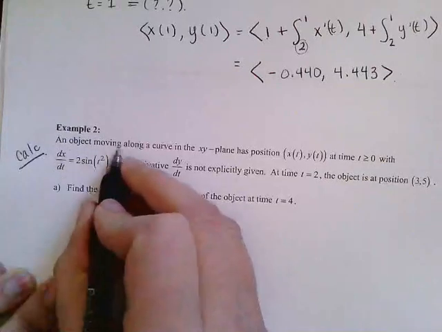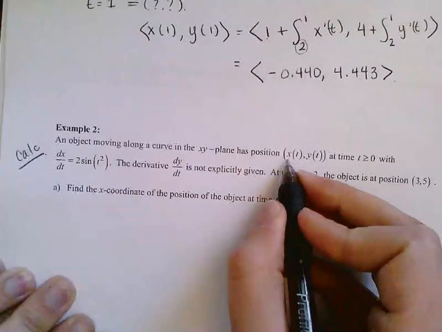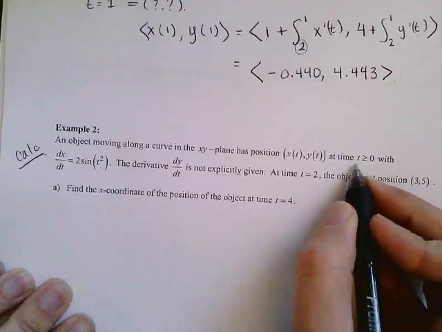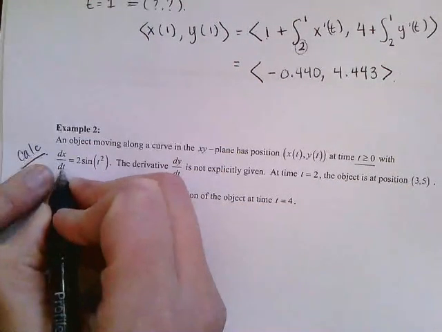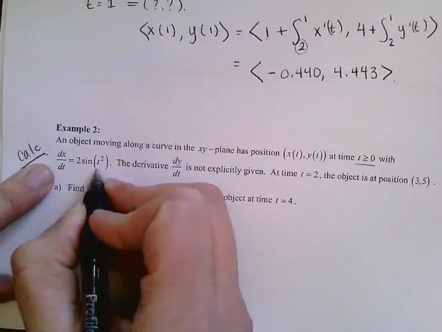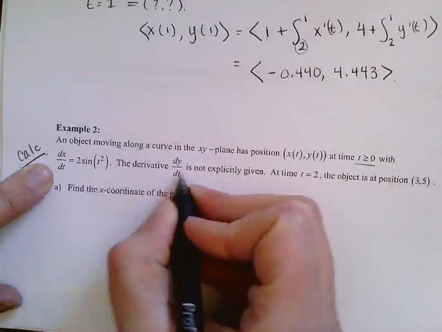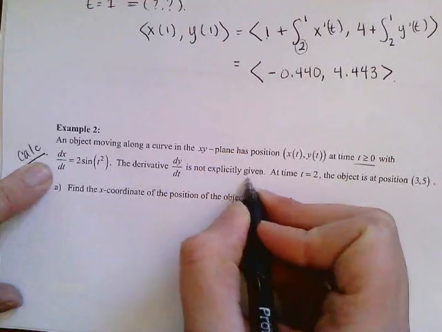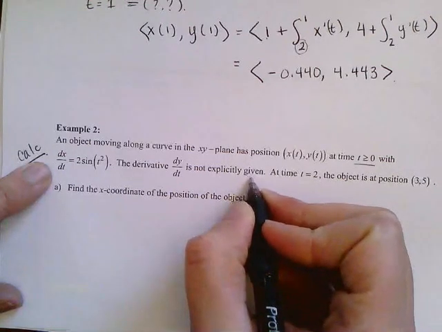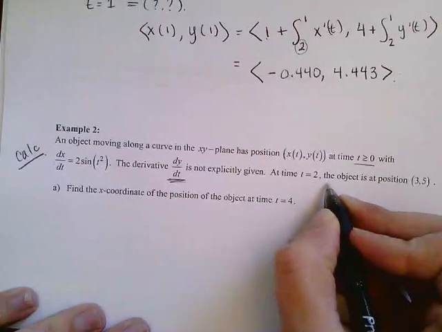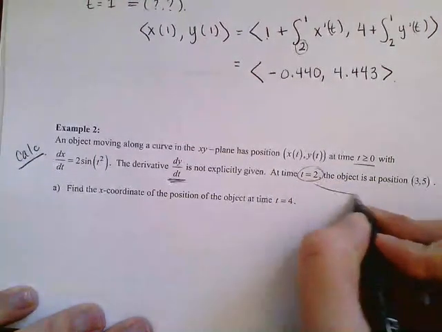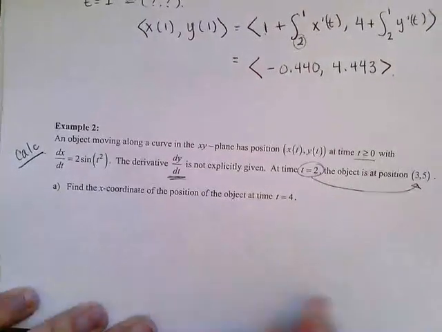An object moving along a curve in the xy plane has the position x of t, y of t at a time t greater than or equal to 0, with dx dt being 2 sine of t squared. The derivative dy dt is not explicitly given yet, so we may have to find that. And at time t equals 2, the object's position, so the initial position, is 3, 5.